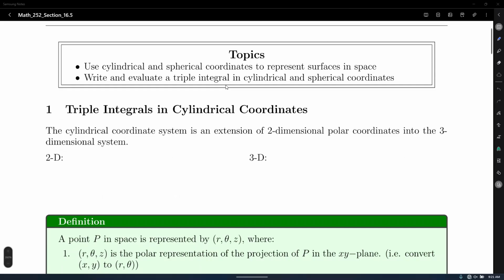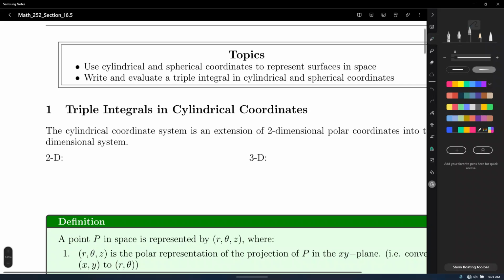You are already familiar with it because it's really the polar system in space. So what did we have for the polar system? In polar, a point xy becomes r theta.